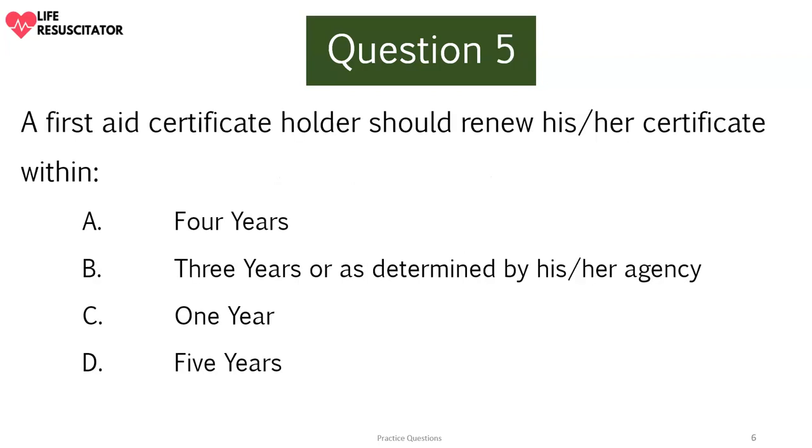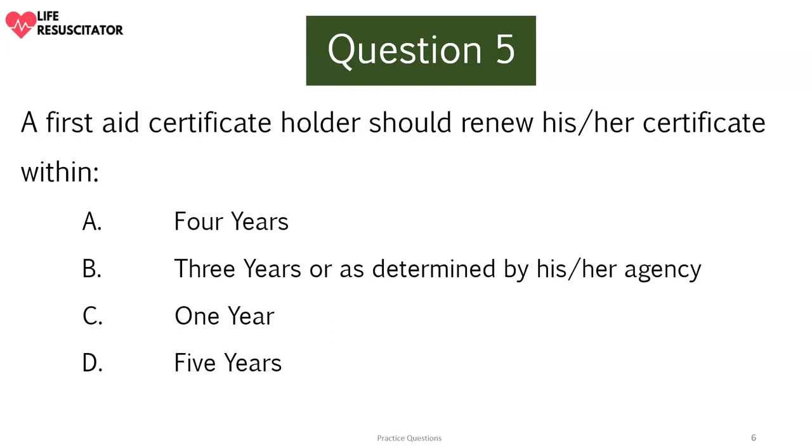Question number 5. A first aid certificate holder should renew his or her certificate within A. 4 years, B. 3 years, or as determined by his or her agency, C. 1 year, D. 5 years.